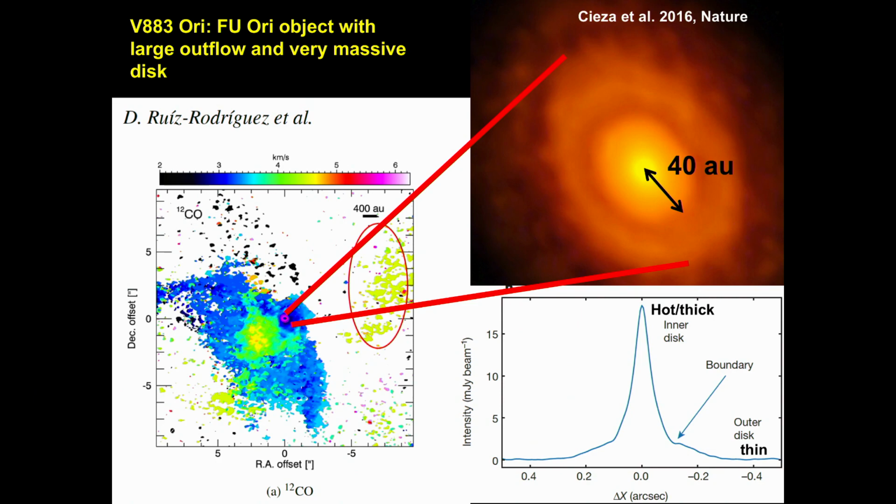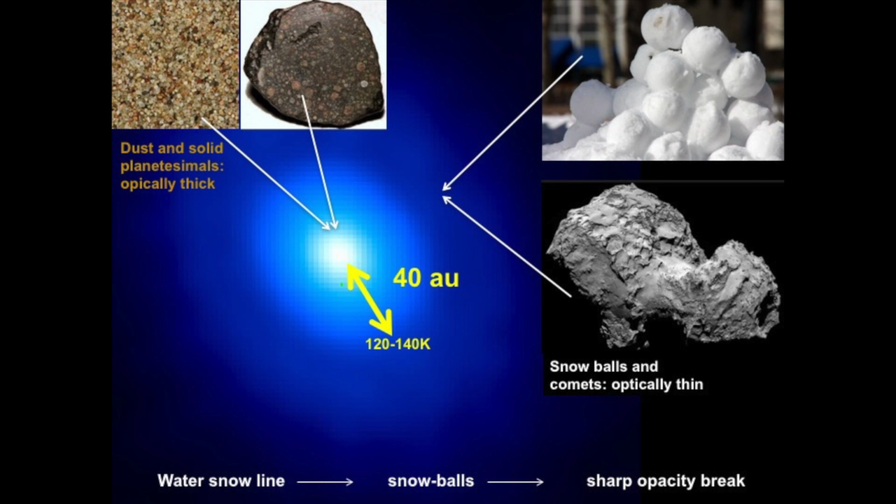And this is consistent with a very hot, optically thick inner disk, and then a sudden break where the disk becomes optically thin. If we look at the temperature of this boundary here, it has the right temperature for the water snowline, which is around 140 Kelvin for the given density that you expect.